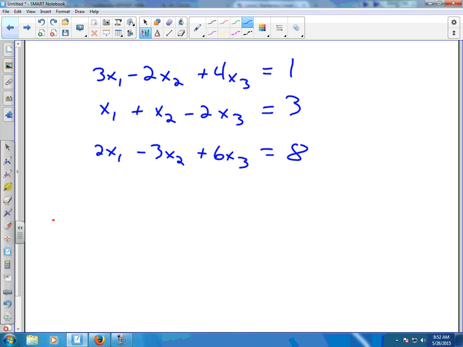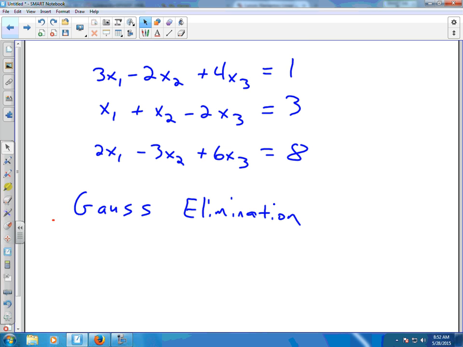So the process that we're going to use to put this in row echelon form is called Gauss elimination. Gauss elimination takes what we've done in the past with regular elimination, and it just structures it in a way that helps us to get things in row echelon form.